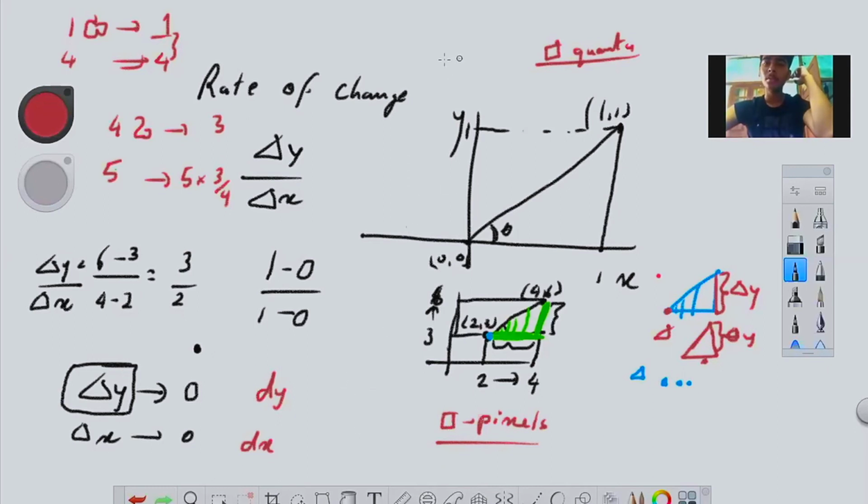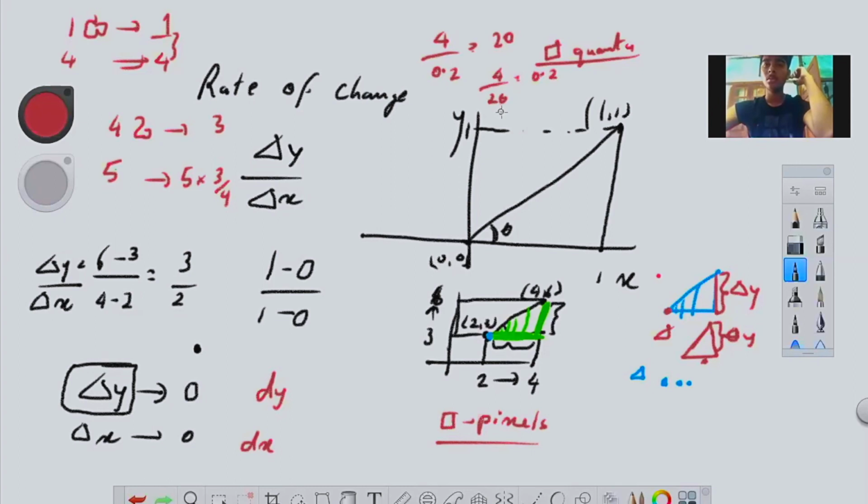If I have 4 on top and 0.2 at the bottom, the rate of change is going to be 20, right? But if the bottom is larger, if it changes faster, then it's going to be 0.2.